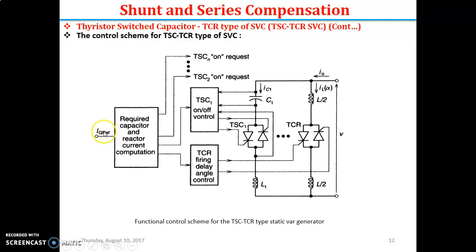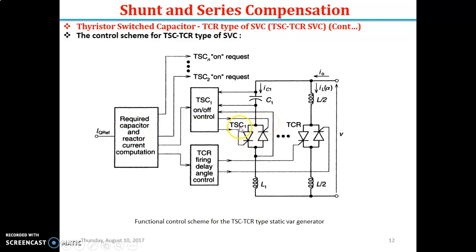The output current we required here is divided by the current IC. So to calculate the number of capacitance branches we are connecting, we will divide the IQ reference by the current rating of the capacitor, and the result will be rounded to the next higher integer, and that will give the number of capacitor banks needed, that is it may be from 1 to n.